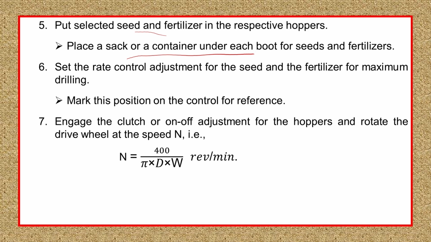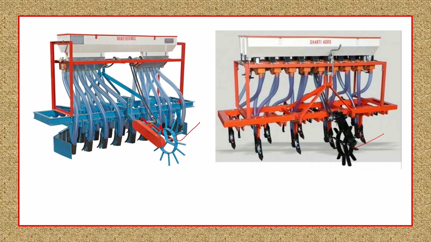Once the containers are kept, we will also adjust the rate control lever. The rate control lever adjustment is a special kind of arrangement. As you can see in this picture, there is a lever. With the help of this, we can move the metering units to the left or to the right. If it is at the center, it is at optimum level.